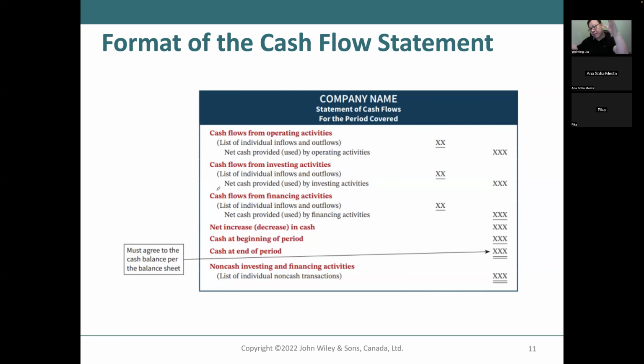Then you combine them together, and you figure out whether the cash has increased or decreased. Based on the beginning cash balance, you are able to figure out the ending cash balance. Does this make sense?